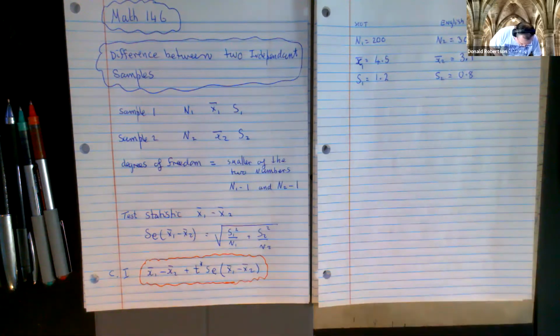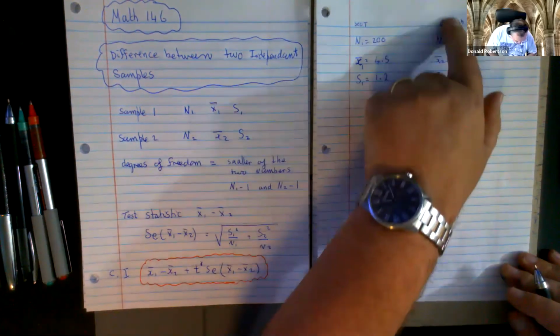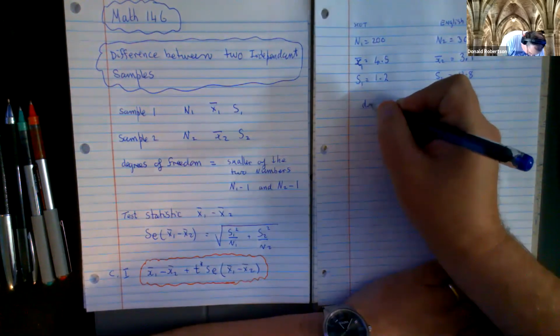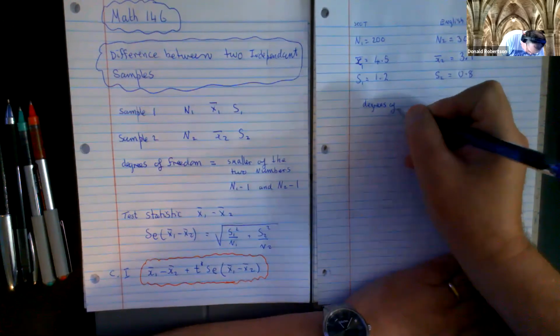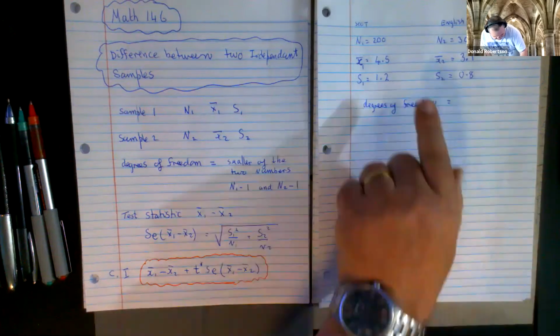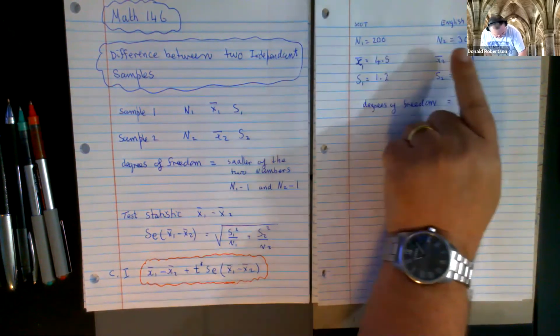So sample one, here's the information. Sample two, here is its information. The first thing is, we need to know the degrees of freedom. Well, it's the smaller of these two.